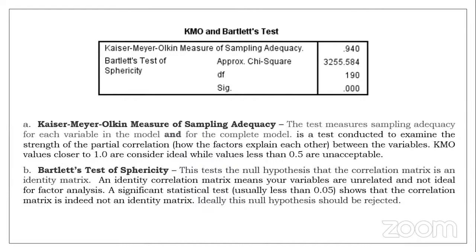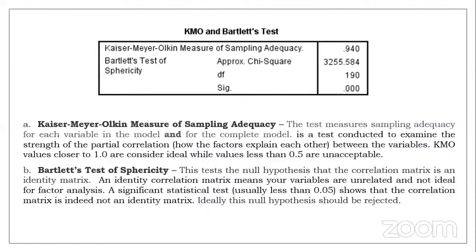Okay. The other one is Bartlett's test of sphericity. This test basically measures the null hypothesis that the correlation matrix is an identity matrix. What is an identity matrix? An identity matrix means your variables are unrelated and not ideal for factor analysis.